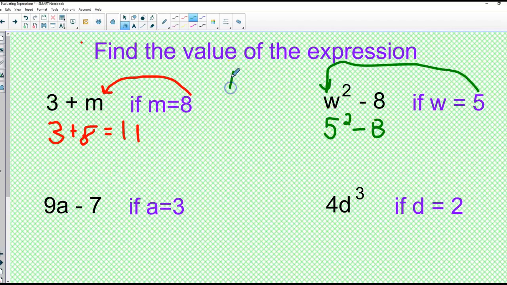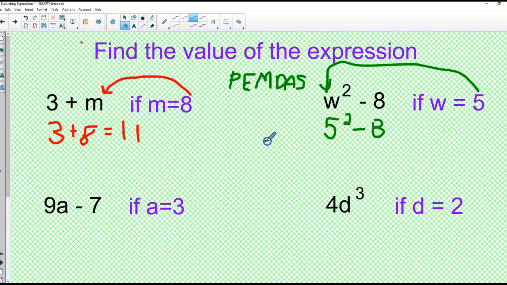If you remember, back towards the beginning of the year, we used order of operations, right? PEMDAS. P stands for we do the parentheses first. The E says we do exponents. So that looks like it comes first here. So I need to do 5 to the second power, or 5 squared. Now remember, 5 squared is not 10.